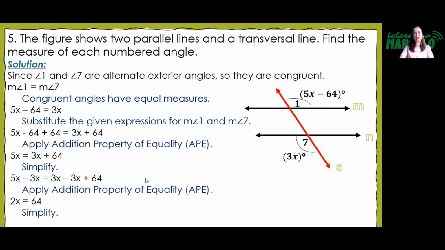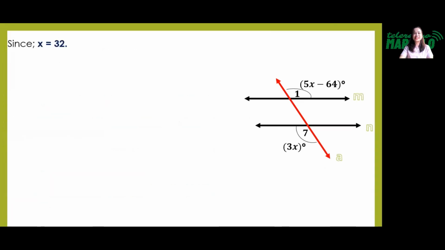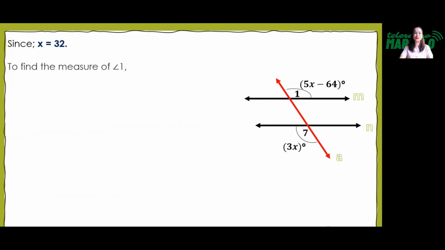So determine the value of x by dividing 2 to both sides of the equation. x will be equal to 32. Okay. Since x is equal to 32, we have to find the measure of angle 1. Substitute the value of x to the given expression.